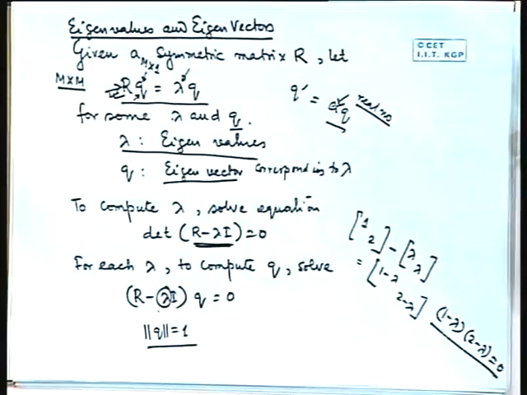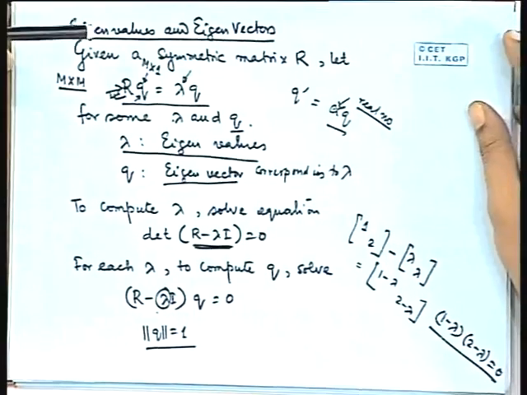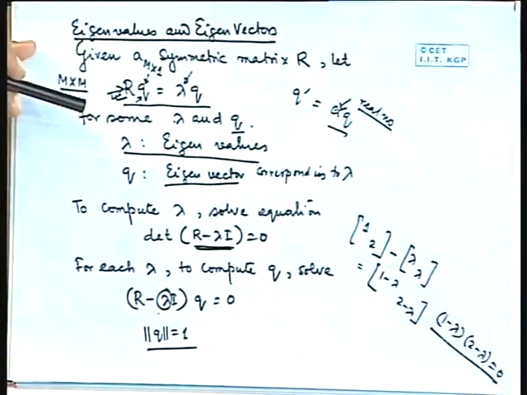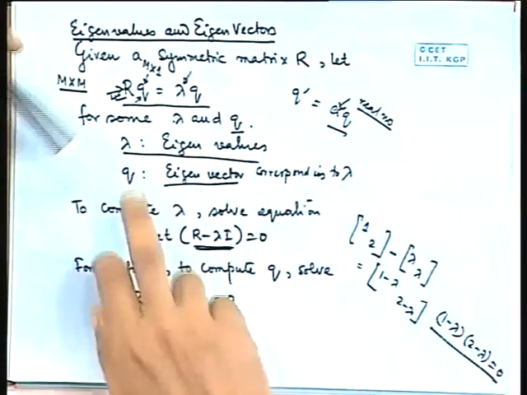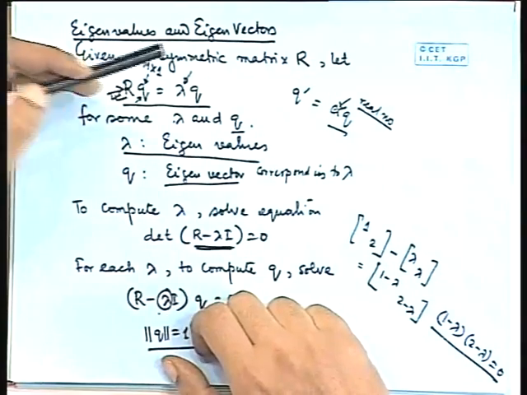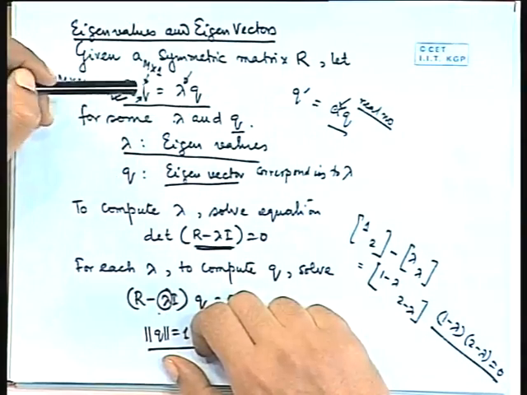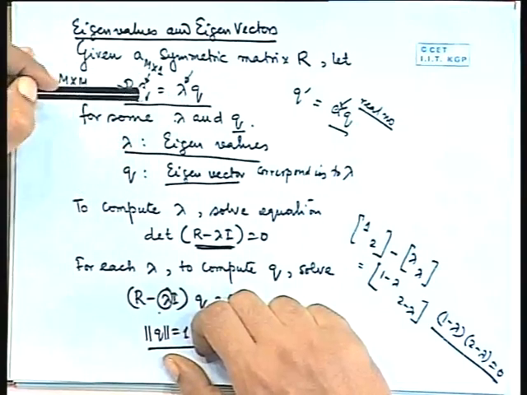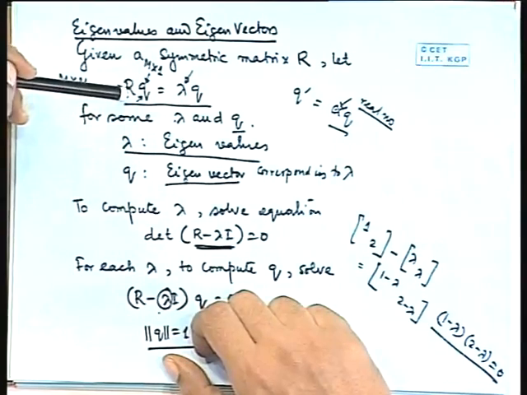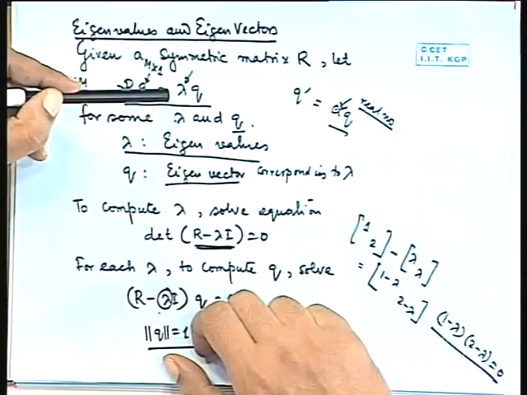First of all, just because we know that memory has a time constant, which may be short or long, depending on people, we are just getting back to a little bit of recapitulation on eigenvalues and eigenvectors. We just want to recall that if you have a symmetric matrix R, then RQ is equal to lambda Q. This is an equation where Q is a vector, R is a matrix, lambda is a number.